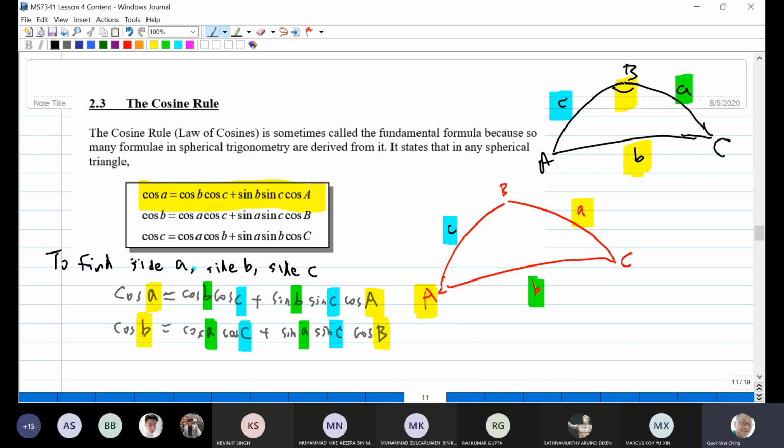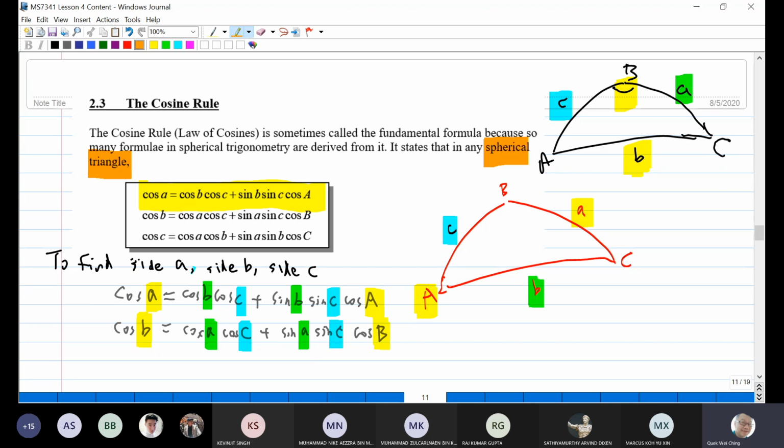This is the cosine law for a spherical triangle. I must highlight to you that this is a spherical triangle, again with no restriction to 90 degrees. The triangle can be any shape here.